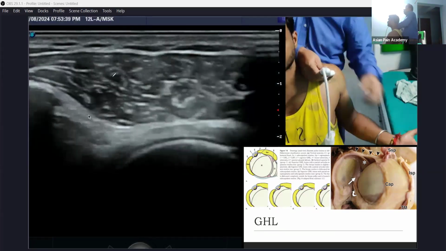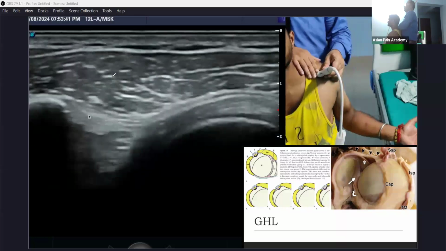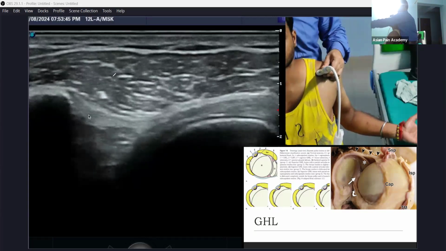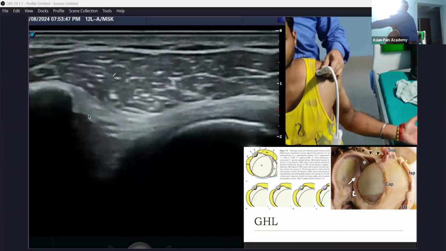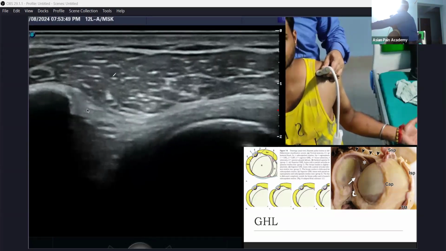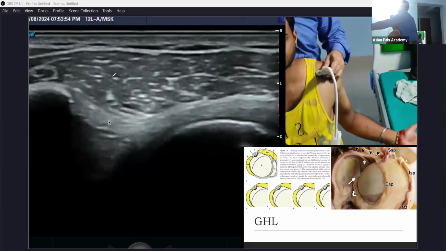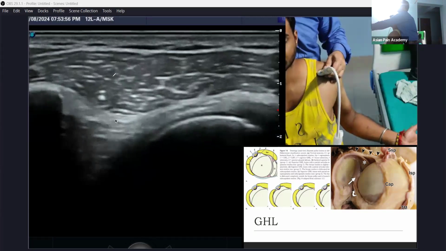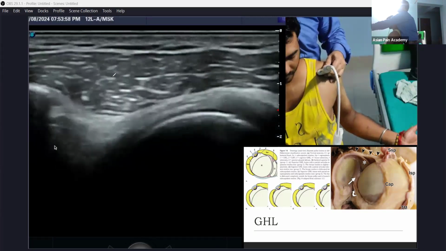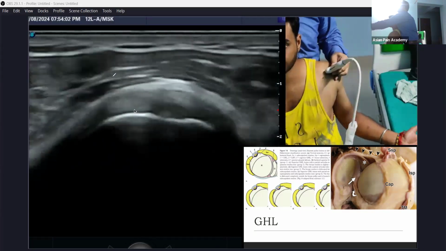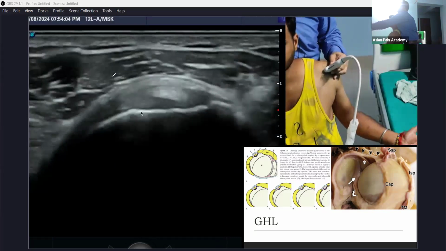If I make it a bit stretched, then you can see the coracohumeral ligament clearly. So there are two areas where we can see it. One is this area where we do measurement for frozen shoulder. Coracohumeral ligament thickening is one corroborative evidence of frozen shoulder. So this is one side, and another side is here in this area.